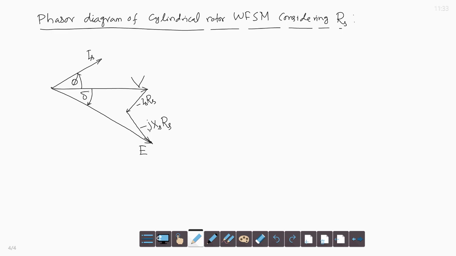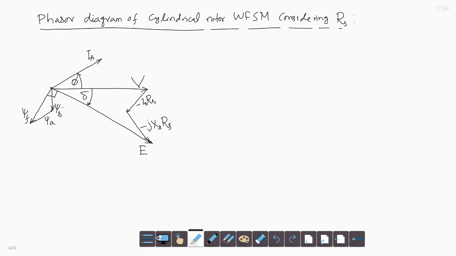So, we have the excitation EMF due to the field flux. So, field flux linkage psi f is at 90 degrees to the excitation EMF E, and the reaction flux linkage psi a is Ls into Is, in phase with Is, and the phasor sum of these two is the flux linkage psi s.